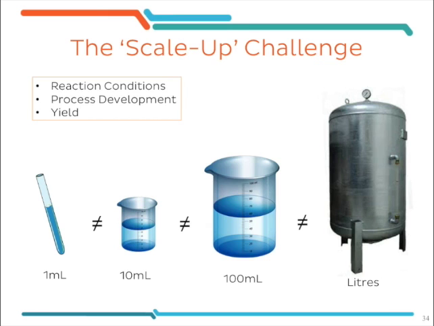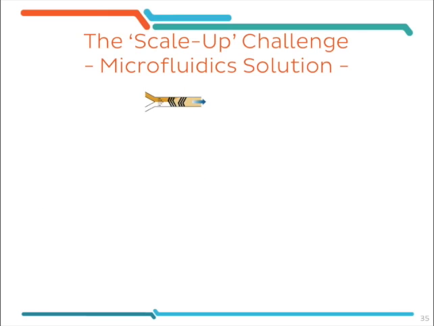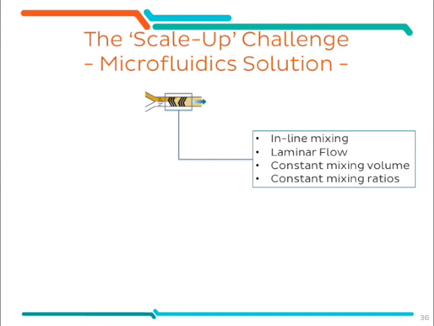And you will have noticed that I really like to look at microfluidics for that. I'm going to take up the scheme of this microfluidic channel here. I showed that with this microfluidic device, we can have constant mixing volumes and constant mixing ratios.